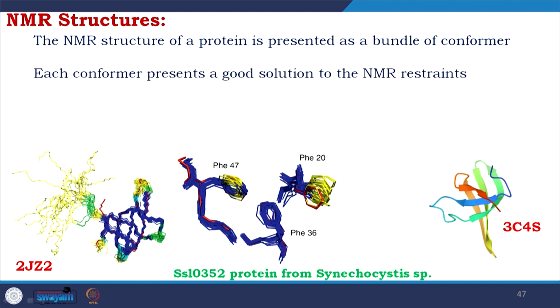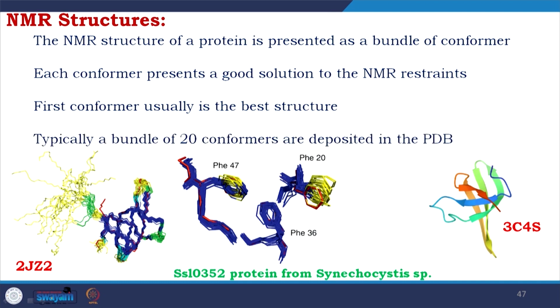Each conformer presents a good solution to the NMR restraints. The first conformer usually is the base structure, and finally typically a bundle of 20 conformers are deposited in the PDB. So, we started from a zero concept in the periodic table, finding out an NMR active nucleus, and then came to depositing in the PDB. That was the journey.